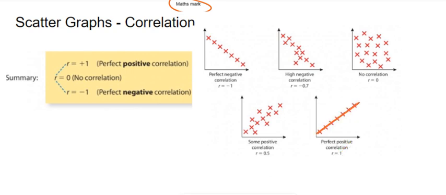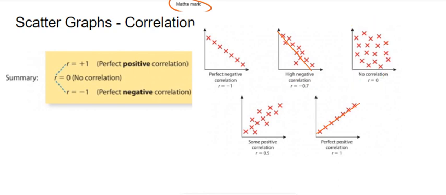The x's are going up in exactly a straight line, so that's a correlation coefficient of 1. This one here has fallen from left to right, and the points are pretty close to each other, but not quite, so it will be negative, and it's -0.7. This one is no correlation at all, therefore it's 0.